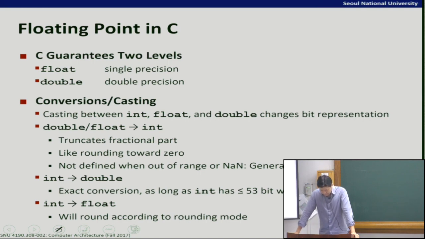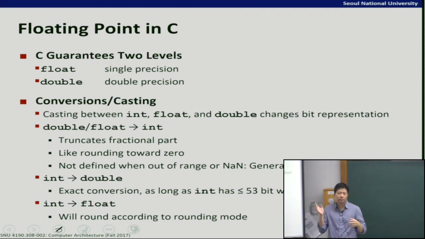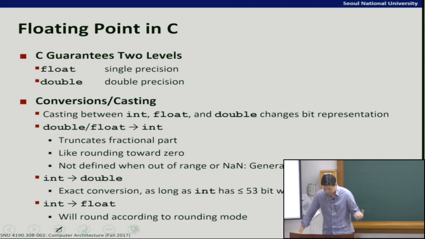Okay, so see the two levels, float and double. Casting rule: you can cast integer to float and float to double and so on. If you cast a double or float to int, then you simply truncate the fractional part, right? Because you convert this real number into an integer, you simply cut off whatever follows the decimal point or binary point.